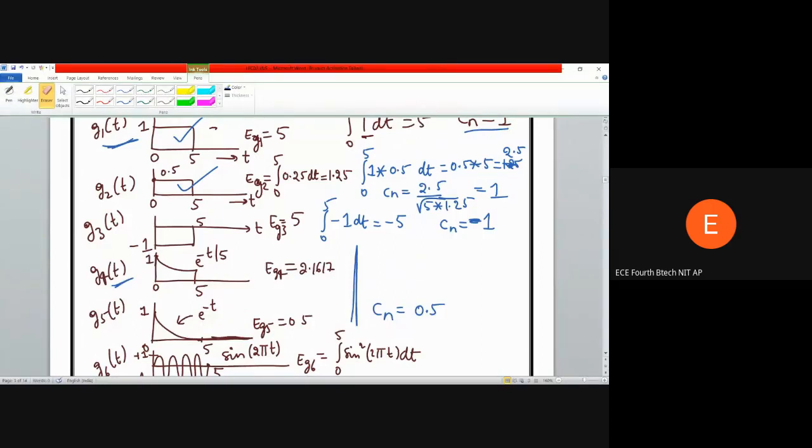What I have written here is the correlation coefficient for this will be 2.16 divided by... let me do it anyway. The numerator, if I calculate, is the integral from 0 to 5 of e power minus t by 5, this is g of t, and that is 1, dt.